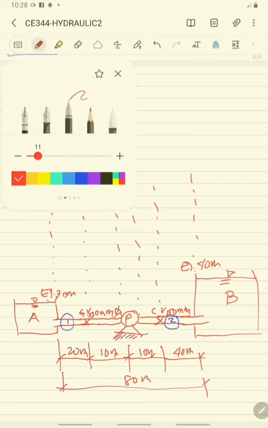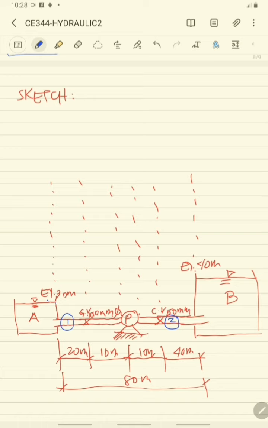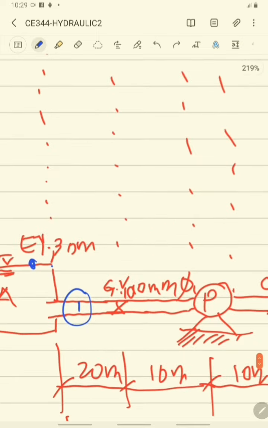So for the energy grade line and the hydraulic grade line, first I have to sketch the energy grade line, because the total head at every point is just equal to the total head minus the head losses at that point. So for example, at the entrance, we need to get the head.